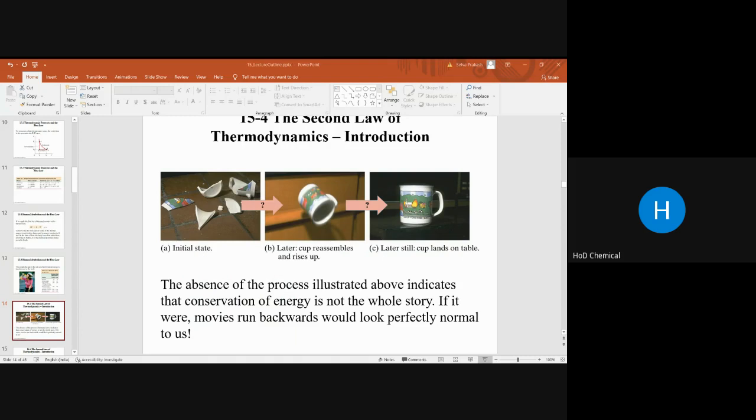Here is one: heat can flow spontaneously from a hot object to a cold object, but it will not flow spontaneously from a cold object to a hot object. Simply, hot to cold happens; cold to hot does not happen. That's it, simply remember it.